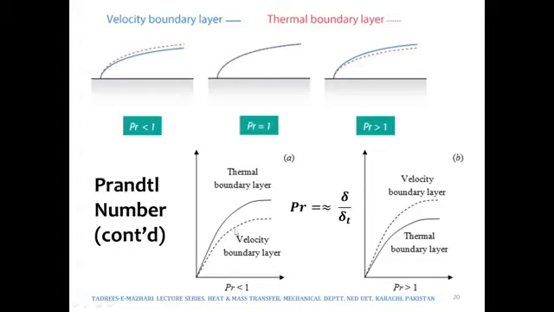So the velocity boundary layer would have less thickness, and the thermal boundary layer would have more thickness if Prandtl number is less than 1. However, if Prandtl number is greater than 1, it means that the numerator would be greater than the denominator, and that would mean that the thickness of the velocity boundary layer at any particular x, at any particular location, would be more than the thickness of the thermal boundary layer.